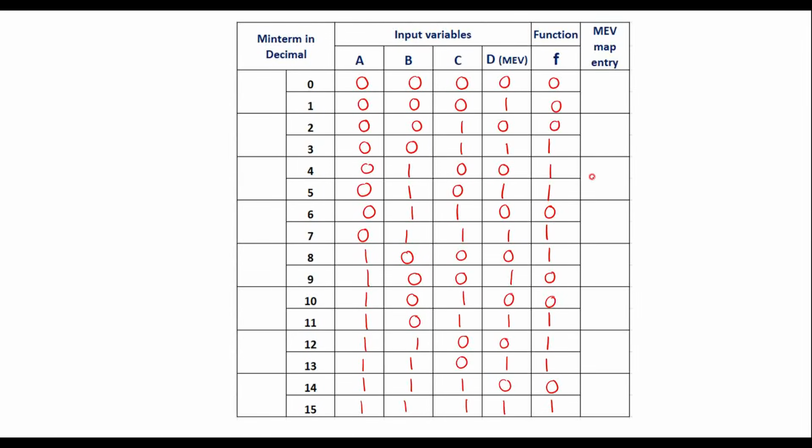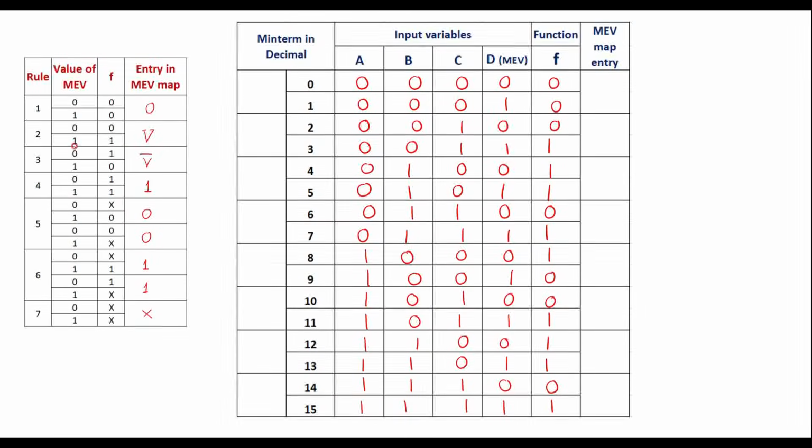Now we are supposed to follow the MEV rules to write the entry in MEV map column. These are the rules. The rule number 1 says, here value of MEV is nothing but D, and we compare this column with F. So if F value is 0, 0 and value of MEV is 0, 1, it belongs to rule 1.